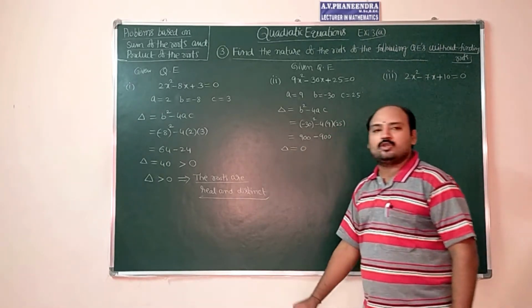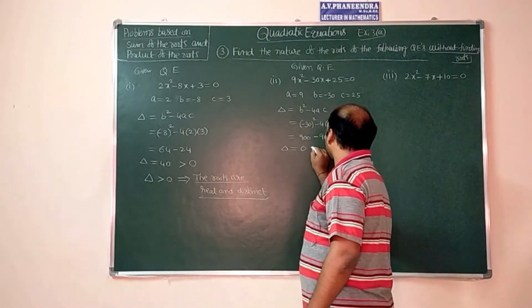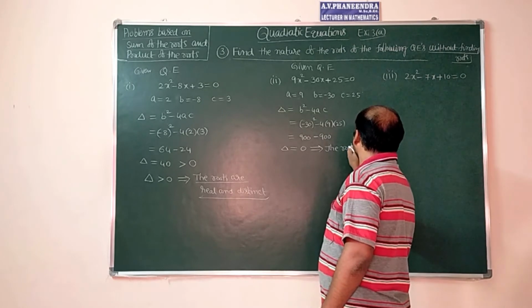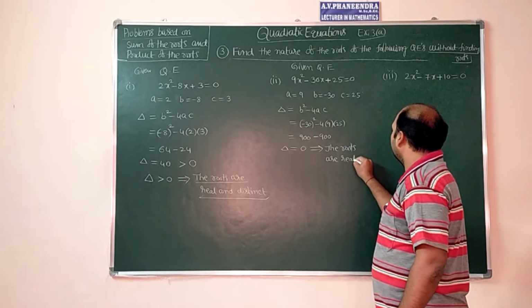Whenever delta equals 0, the roots are real and equal.